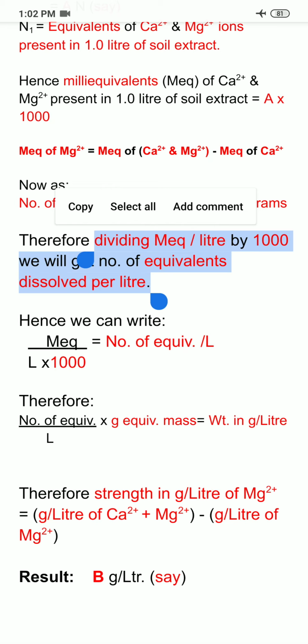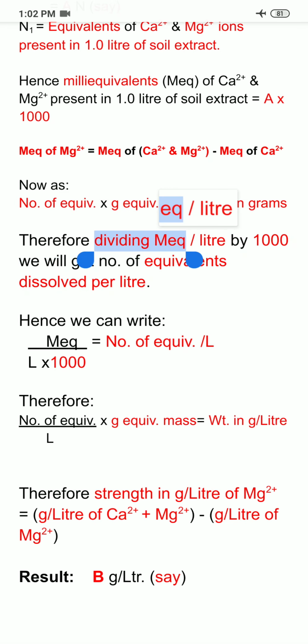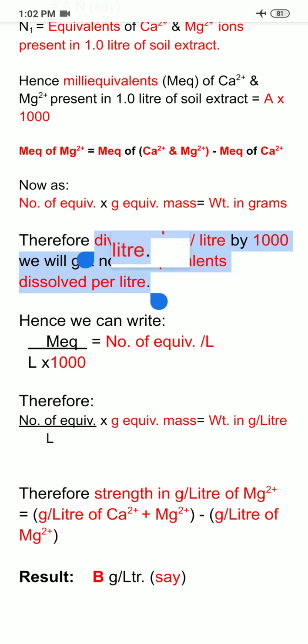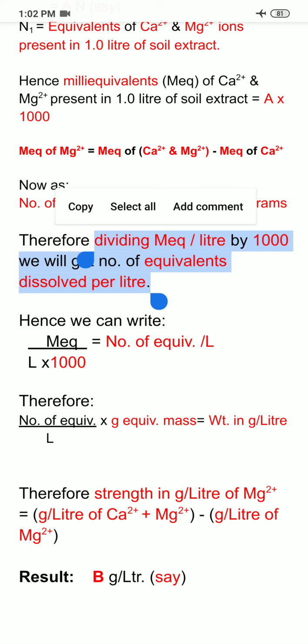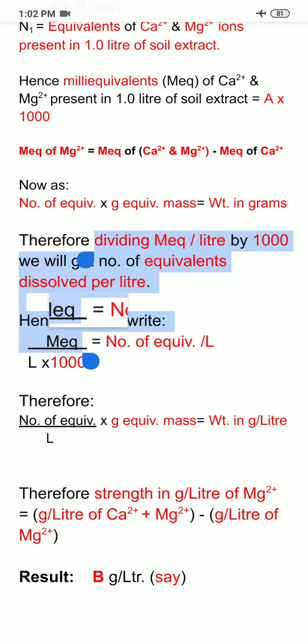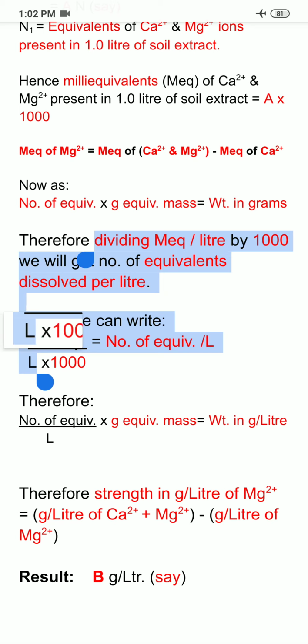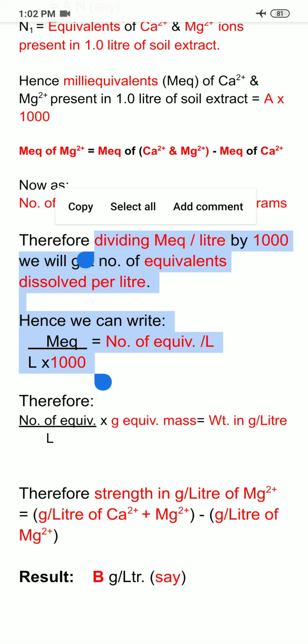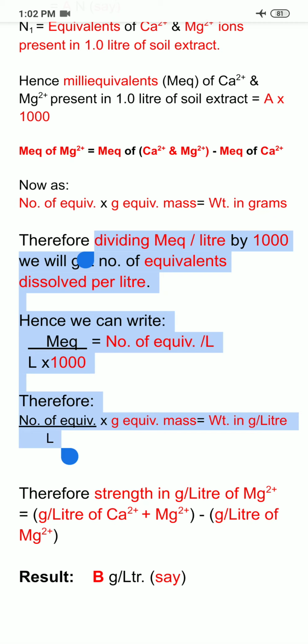Similarly, if I divide milliequivalents by 1000, then I will get equivalents dissolved per liter. So I can write milliequivalents dissolved per liter divided by 1000 will be equal to the number of equivalents dissolved per liter. And further, the number of equivalents dissolved per liter multiplied by gram equivalent mass will be equal to weight in grams per liter.